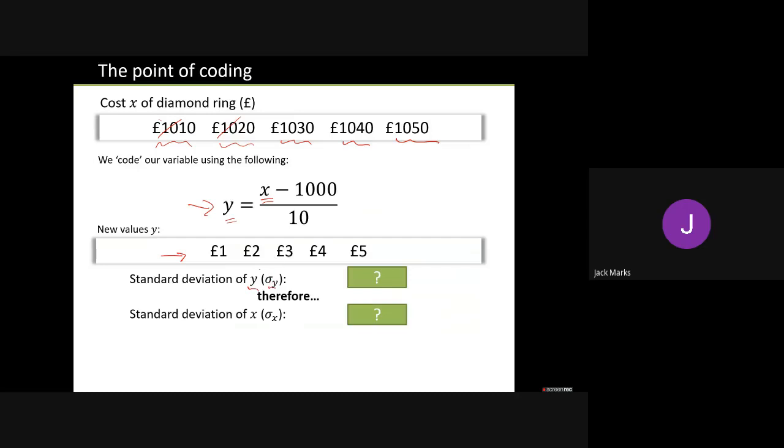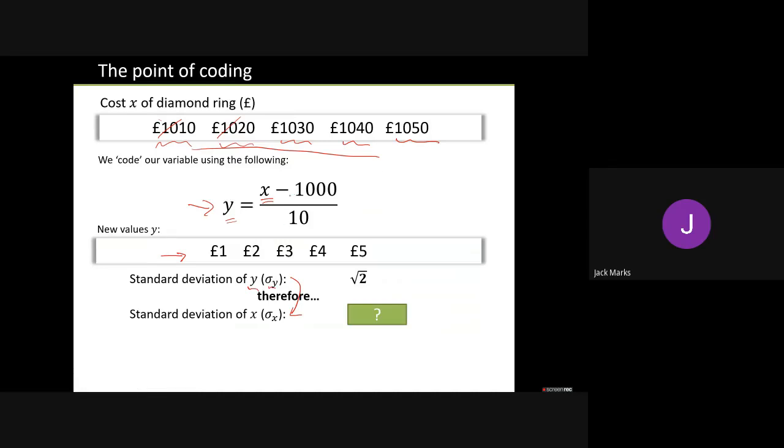So applying the formula, checking on your calculator and so on, you will be able to work out this answer. So the average distance from the mean for the new data is the square root of 2. But you can use this answer to find the standard deviation of the original data without redoing all the calculations.